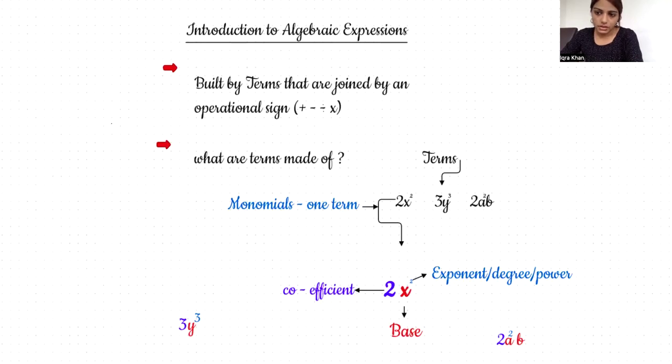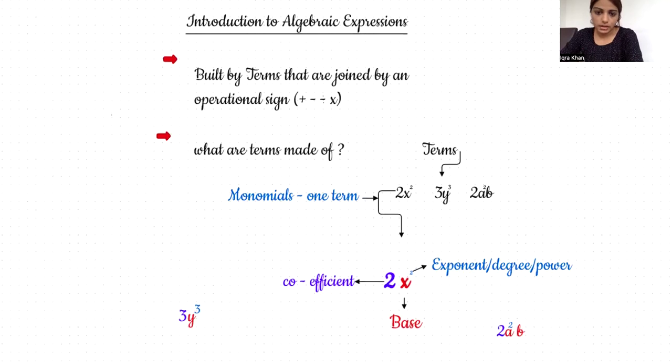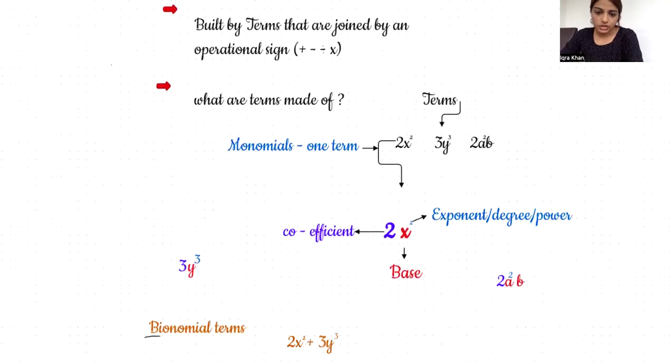So I've broken down this term for you, 2x squared. Let's look at the coefficient. Remember, the coefficient is always the number behind or before the base, before the variable. Okay, so in this case, 2x squared, the coefficient is 2. And the base here is x, and it's been raised to an exponent or a degree or power of 2.